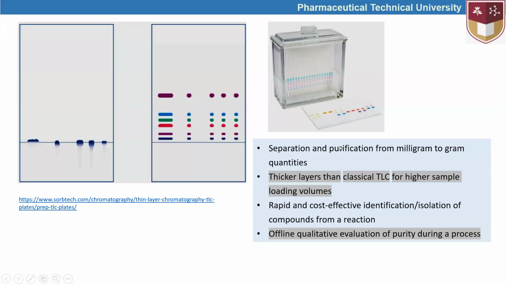Separation and purification from milligram to gram quantities can be done by using this kind of high volume chambers. They use thicker layers than classical TLC for higher sample loading volumes. They are rapid and cost-effective methods for identification and isolation of compounds from a reaction, and they are identified as qualitative evaluation offline.